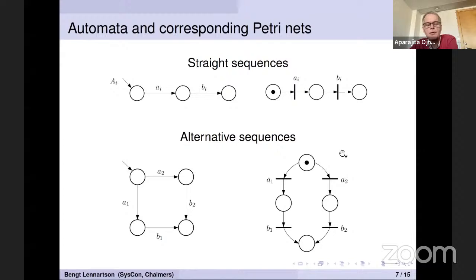In the Petri net, this is modeled in rather the same way, because the token can take this way via the event A1, then you have the token here followed by B1, and then you get the token into this last place. Or if the event A2 happens, you take this direction instead, going via A2 to this place and then B2 to the final place.